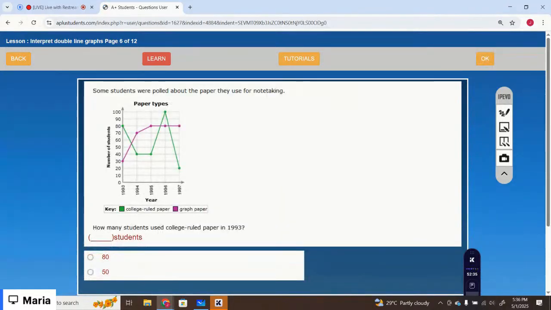Some students were asked about the paper they use for note taking. How many students use college rule paper in 1993?